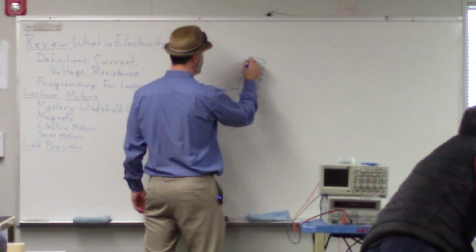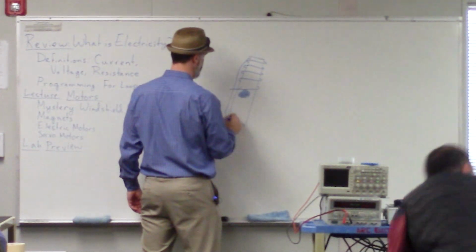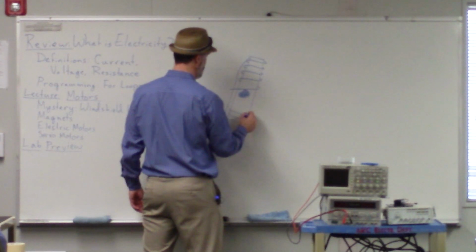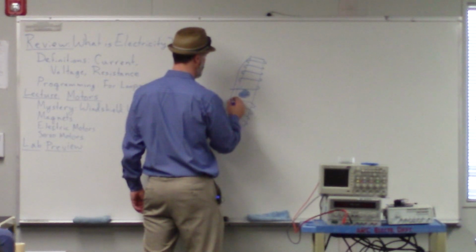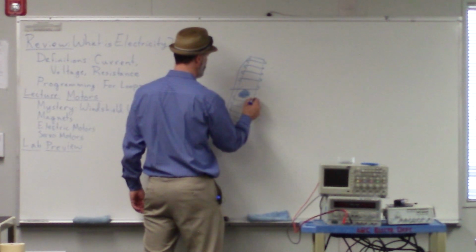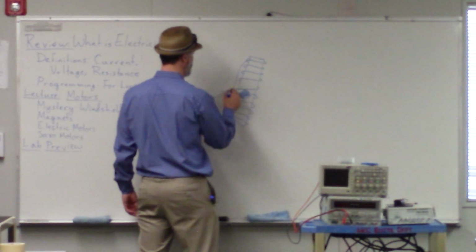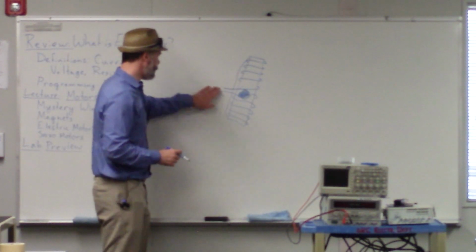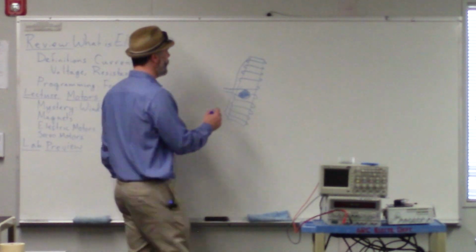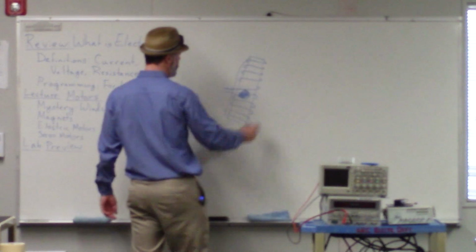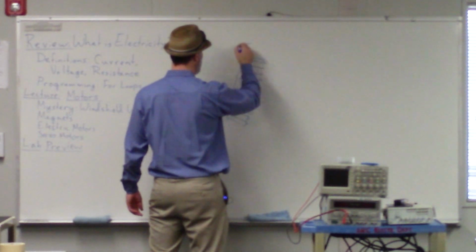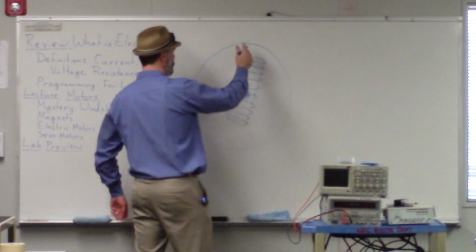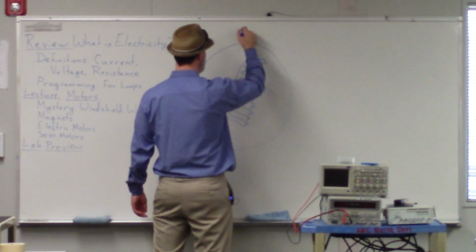And this coil of wire goes all the way around this bar. Around this bar, there is a circular metal frame. And this frame has permanent magnets mounted to it.